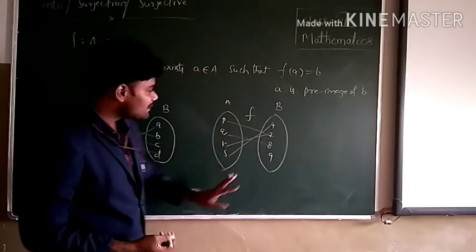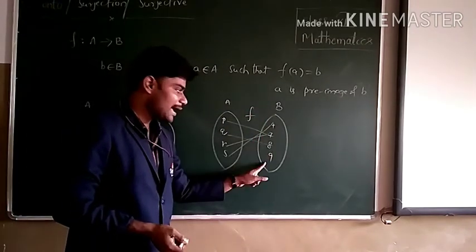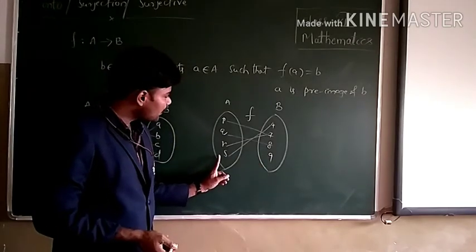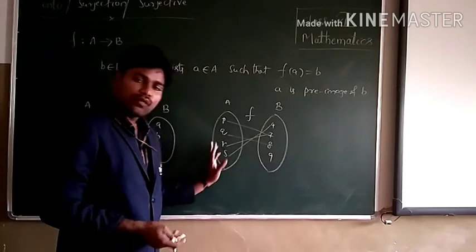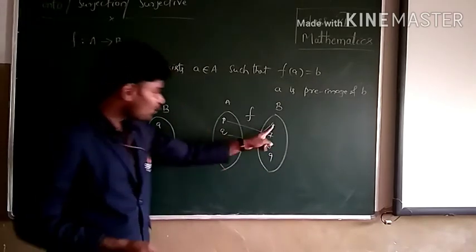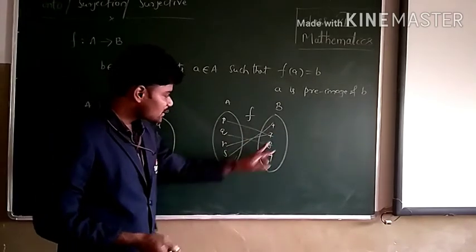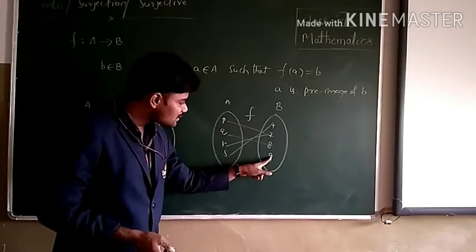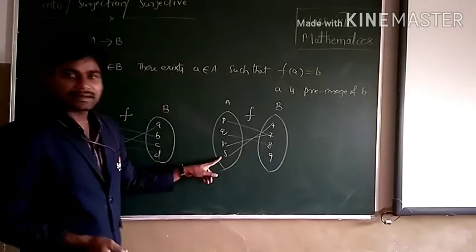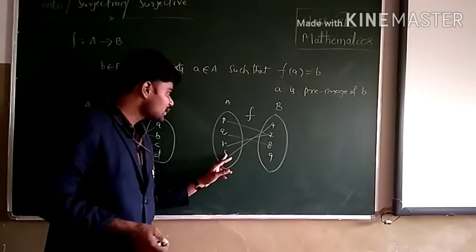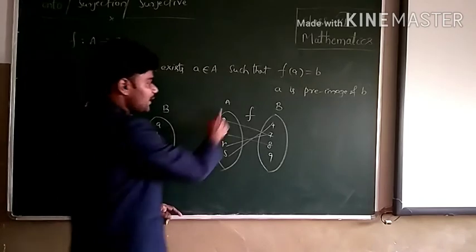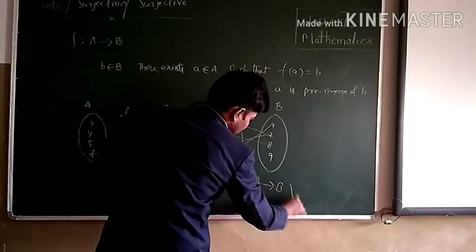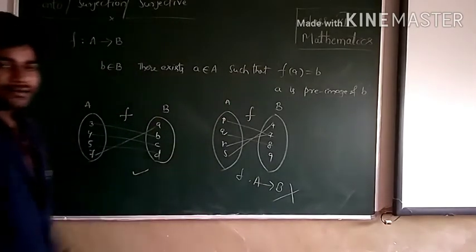Just check the condition: each element of B has a pre-image in A. Here 4 has the image s, 7 has the image p, 8 has the image q, but 9 has no image. 9 does not have a pre-image in A. So that's why f: A to B is not an onto function.